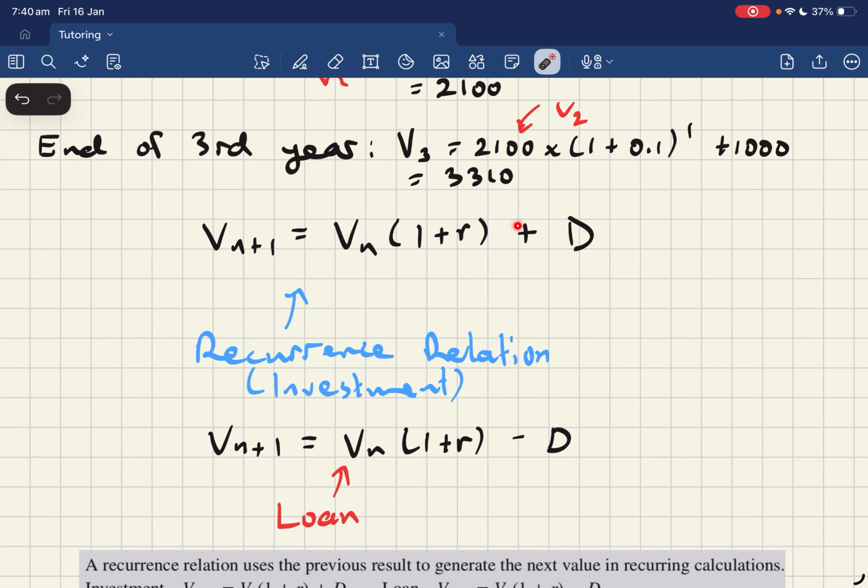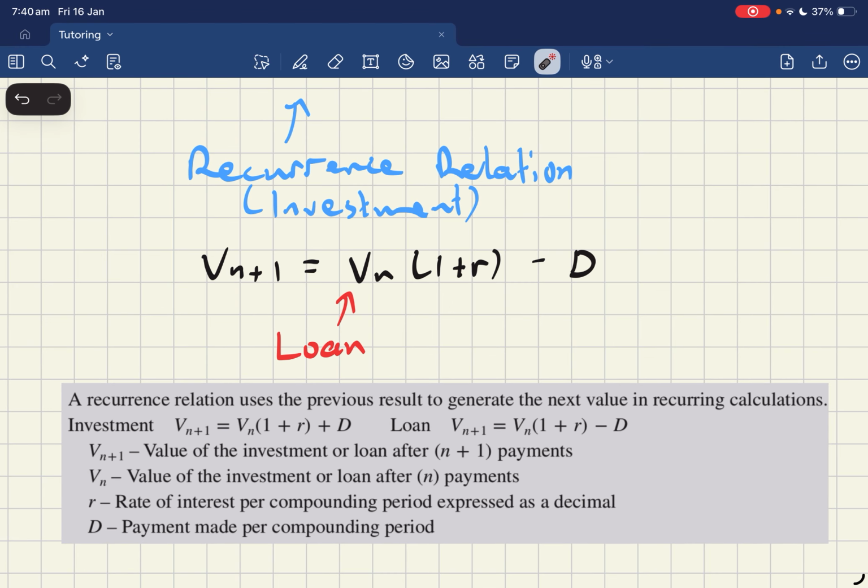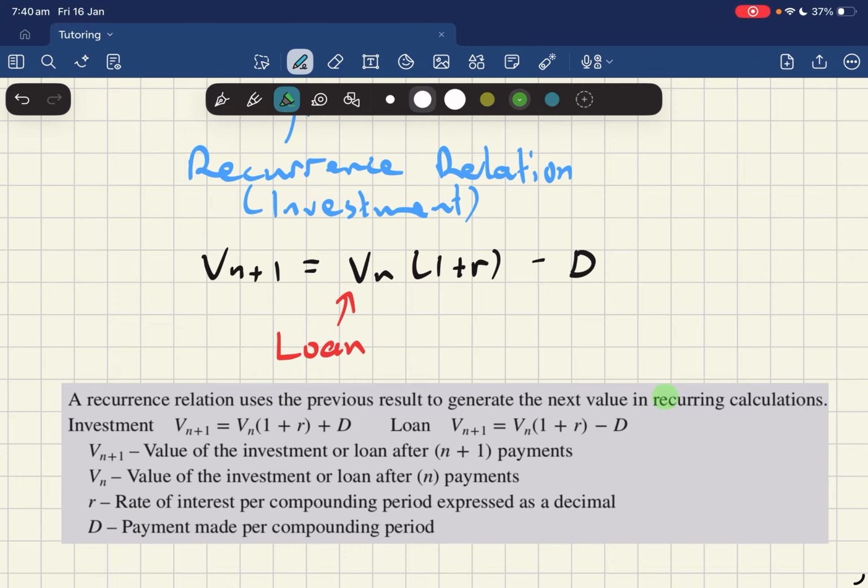We add for an investment, we take away for a loan. Now, a recurrence relation, to formally define it, uses the previous result, the value from the previous year, to generate the next value in recurring calculations. So it's like a pattern, right? We're doing the same thing over and over again. It's recurring, and it's recurring by this rule.